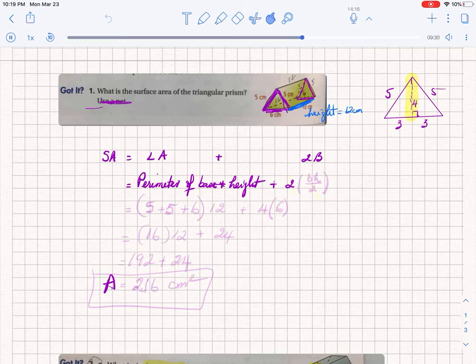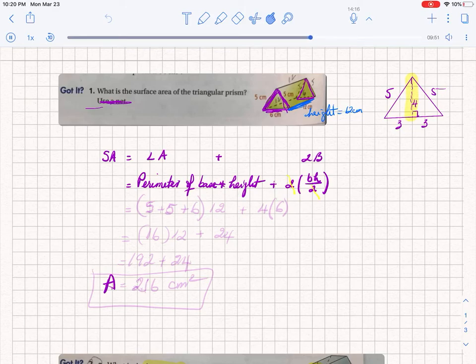Let me do the triangle area as base times height divided by 2. Okay, let me cancel this out a little bit. So that and that is cancelled.